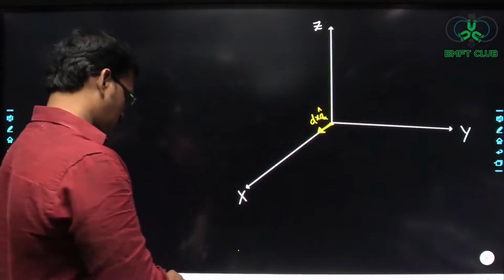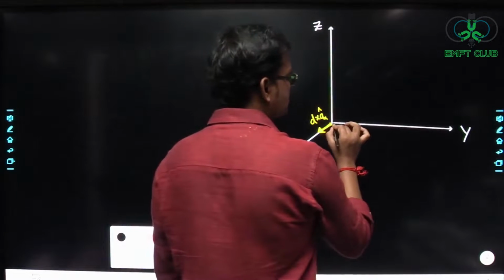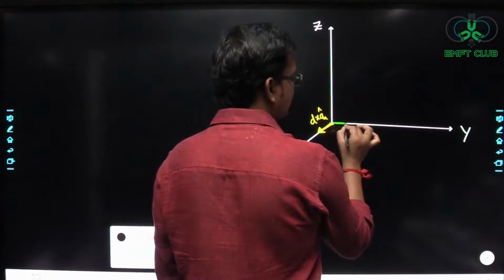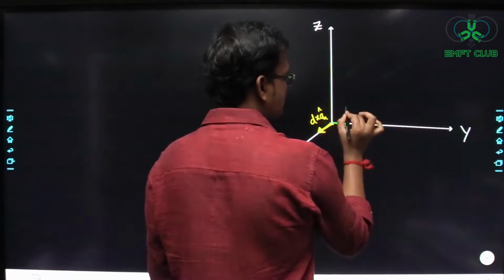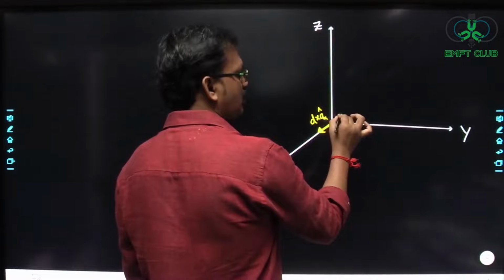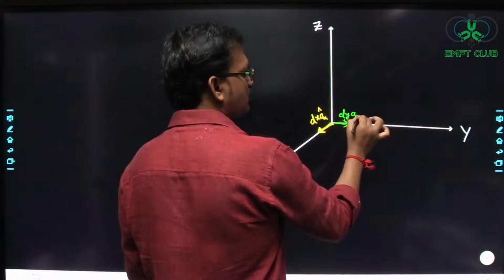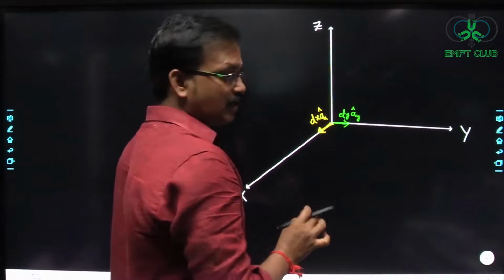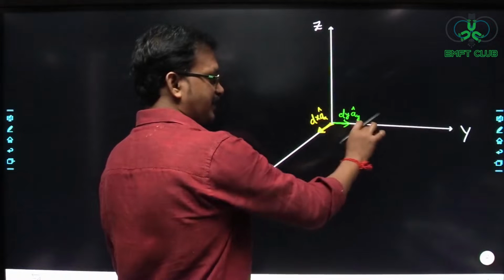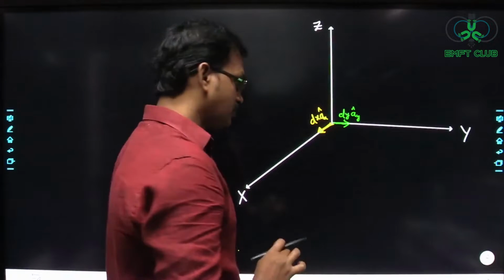Now similarly, if I consider a small differential length along y, I can represent it as dy into ay cap. So dy is the small differential length, ay cap will give you the direction of this small differential length. Understood? Okay.